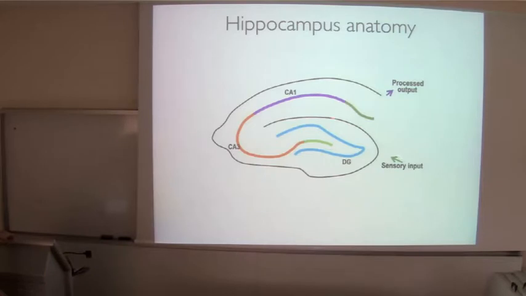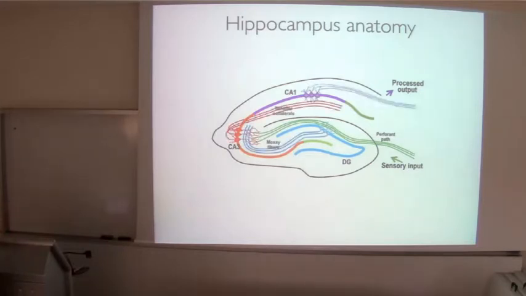So it also gets some direct input to the hippocampus, to the CA1 pyramidal neurons. But it's mainly one layer, and I want to contrast that. This is a horrible slide.